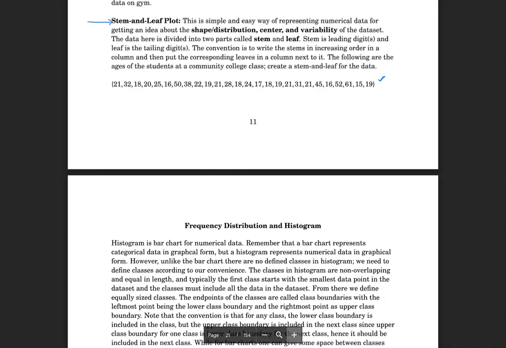We're going to continue to talk about descriptive statistics. Inferential statistics is going to be towards the middle of the class and onwards.